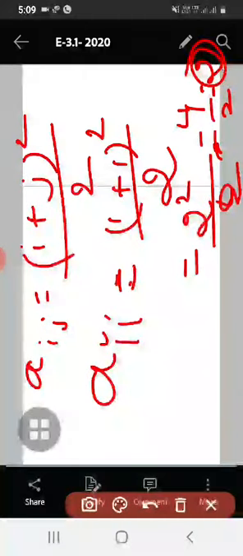So 4 by 2 means 2. So A11, that is the first row, first element, is 2. So A11 is equal to 2. Next we shall find out the next element.